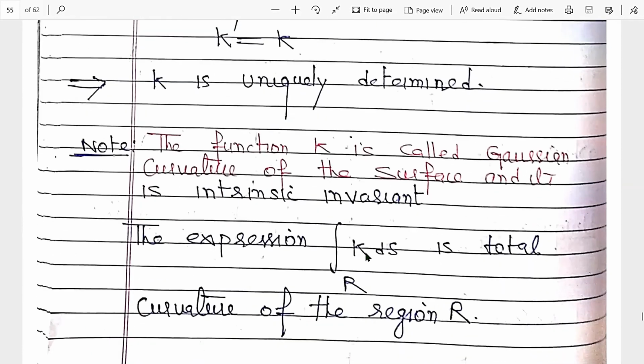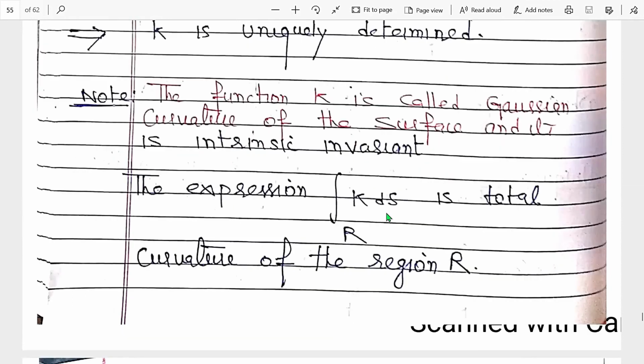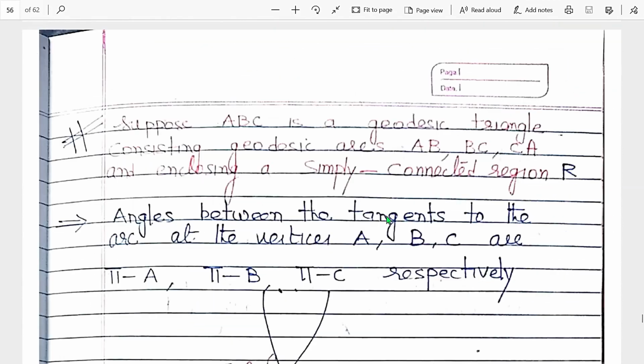The expression, the integration, is the total curvature of the region R. So remember, capital K is called the Gaussian curvature, and this integration over R is called the total curvature of the region. If R is the total region, then its total curvature can be defined by this integration. And K is the Gaussian curvature. So that is our result.